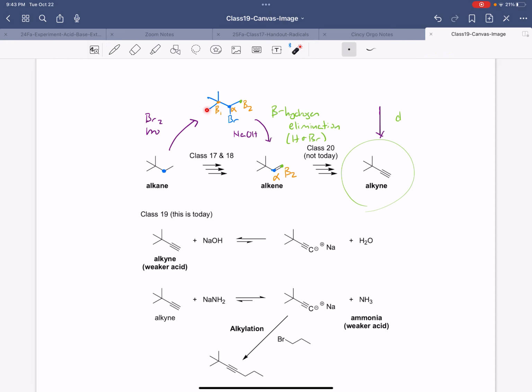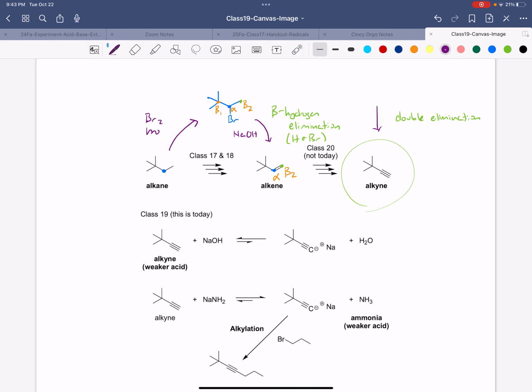If a single elimination gives you an alkene, maybe a double elimination gives you an alkyne. I'm not going to say much about that right now, but that's a preview of what is coming up in the next 2 or 3 days.